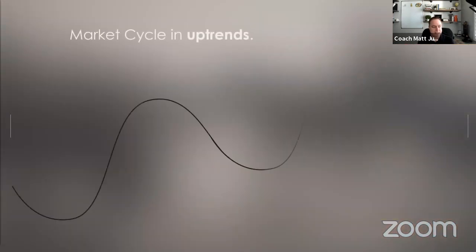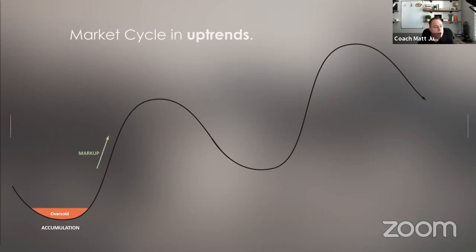So let's break this down from a trend perspective on a bullish cycle. When you're talking about the creation and the psychology behind a bullish uptrend, you're looking at overbought, oversold conditions. As the trend starts to come down into what is known as the higher low, markets get a little oversold. And we have muscle memory.